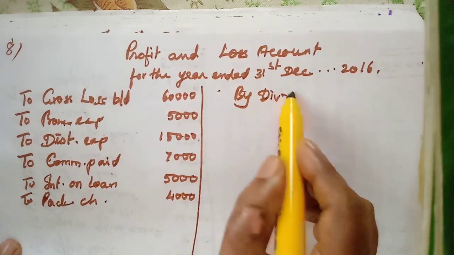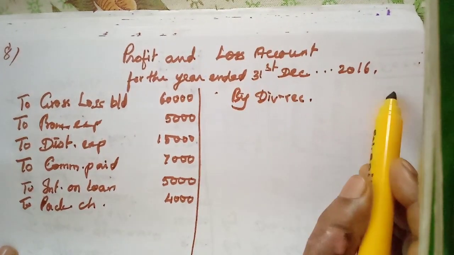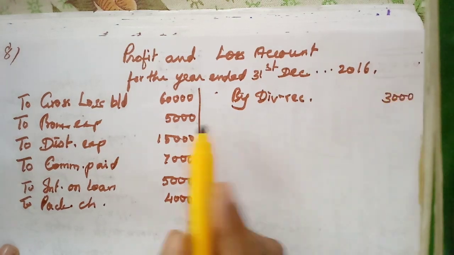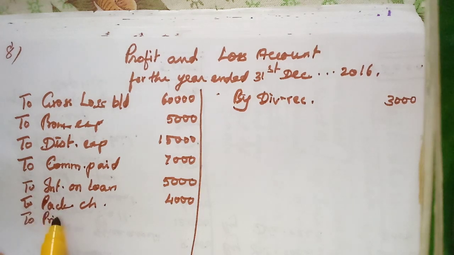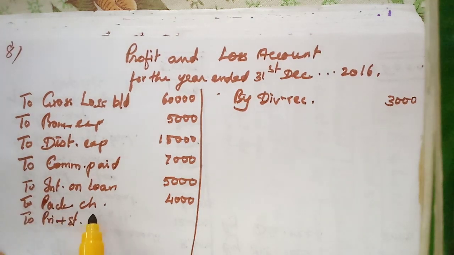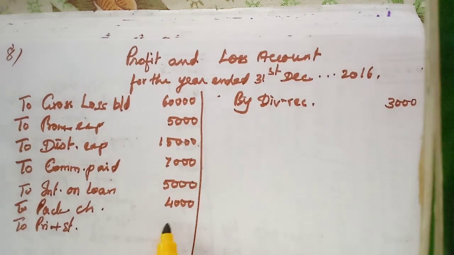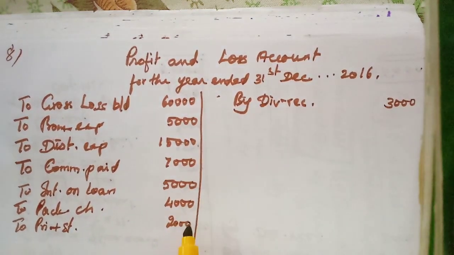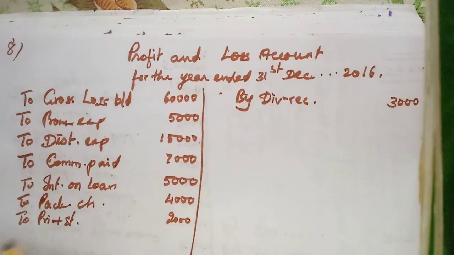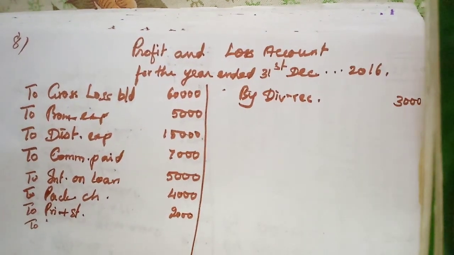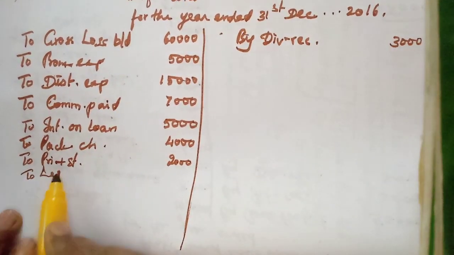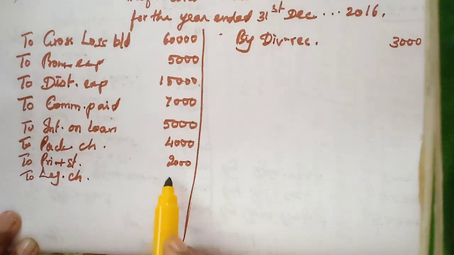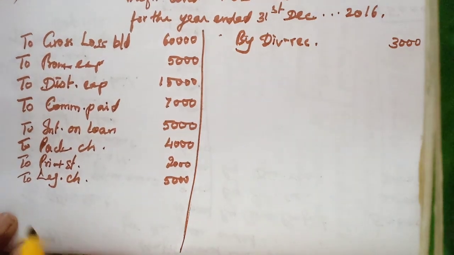By dividend received 3,000. Then printing and stationery 2,000. Legal charges 5,000. Then bad debts 1,000.